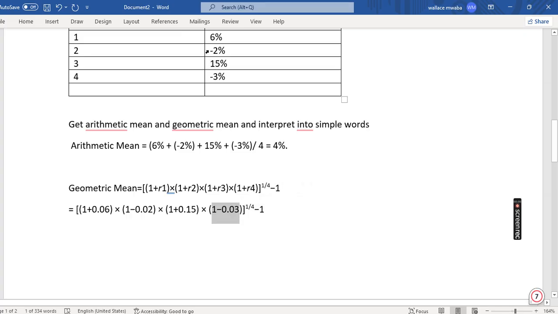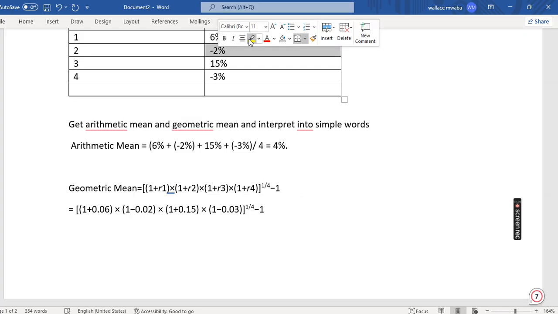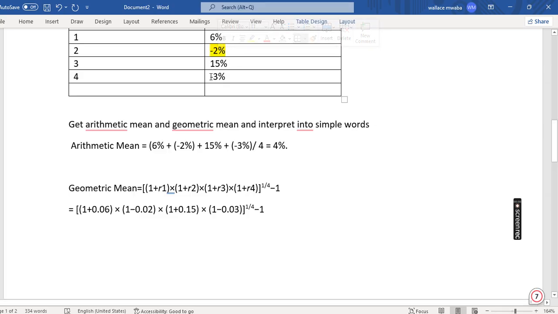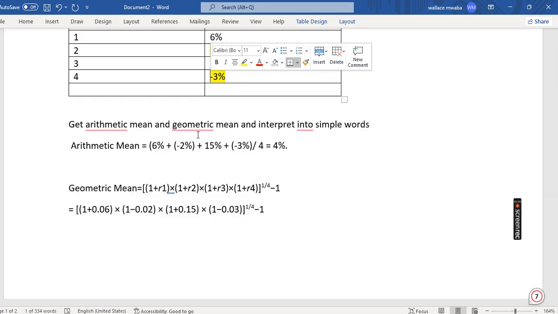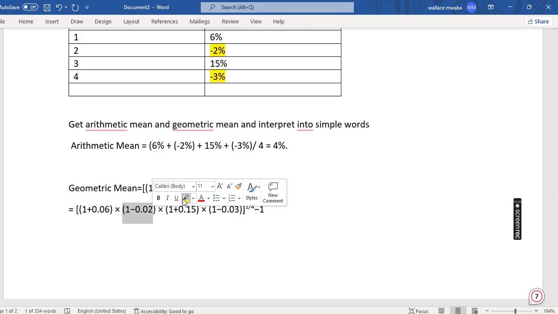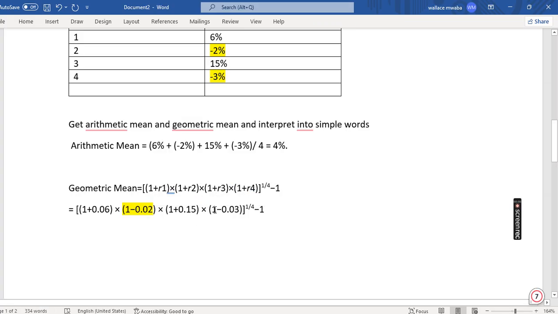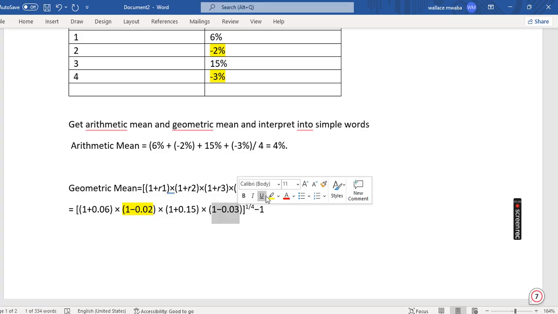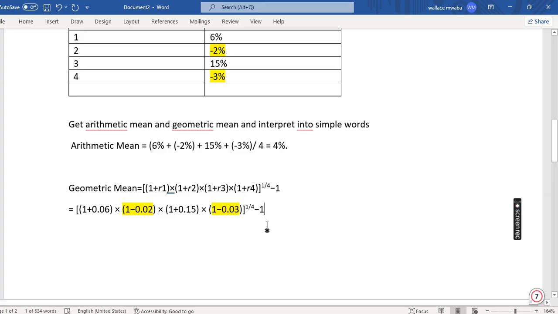So notice where the returns are negative in our growth factors, we put them as negative values.